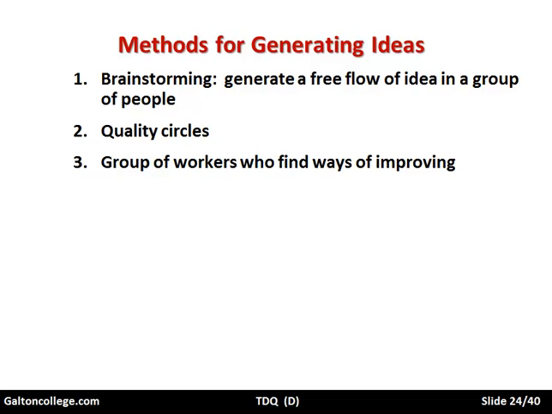A group of workers who find ways of improving the situation. Workers are very skilled, a lot of them, and very adept at finding solutions. When something goes wrong, if they know it's gone wrong and they can see a fix, an immediate solution, then they're the ones who know the situation, they're the ones who know the process.